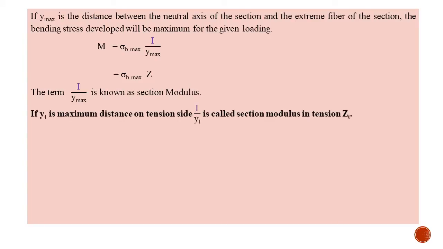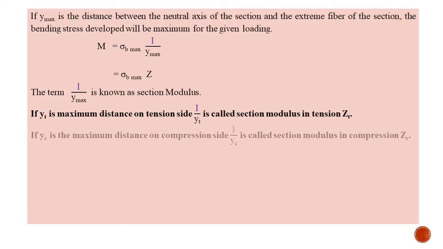If yt is maximum distance on tension side, I by yt is called section modulus in tension, that is Zt. If yc is the maximum distance on compression side, I by yc is called section modulus in compression, Zc.